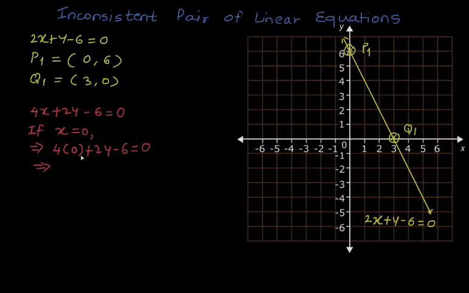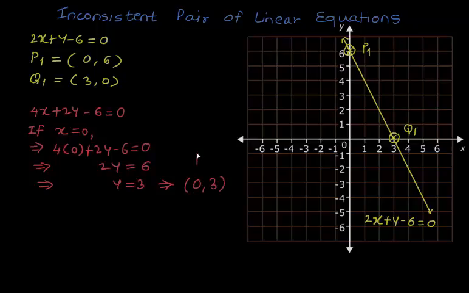That means 4 into 0 is 0, then 2y, and adding 6 to both sides we get 2y is equal to 6. That means y will have value 3. Now this gives first solution to the linear equation 4x plus 2y minus 6 is equal to 0, where if value of x is 0, the value of y is 3. So we can write it as (0, 3).